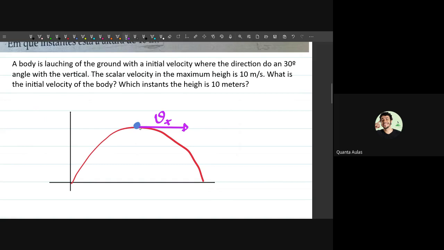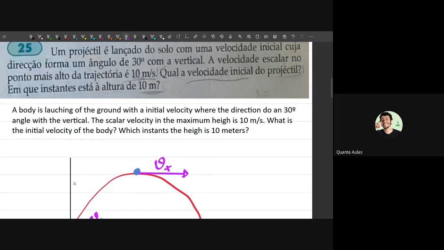The value of the velocity in x is always the same, so it is 10.